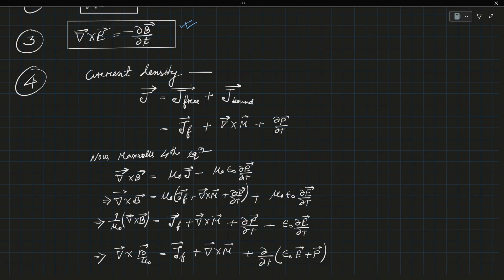I have used the abbreviation JF for free current density, and for bound current density I have written J bound, let's say JB.